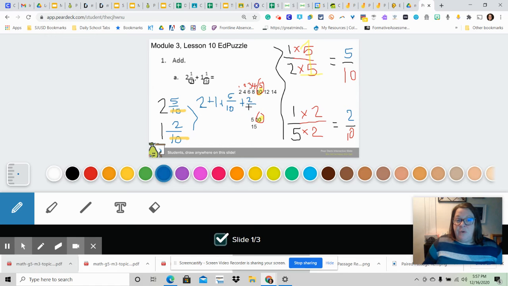If you want to do it that way, you can. 2 plus 1 is 3, and 5/10 plus 2/10 would be 7/10. Then you can just bring these back together, so you would have 3 and 7/10. That would be your answer.